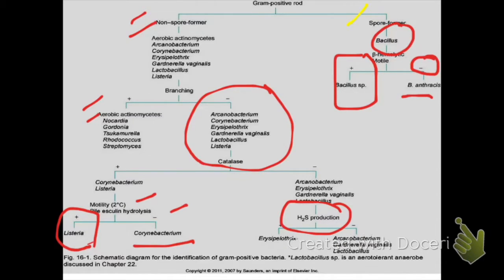The rest are considered H2S negative. So that's how we classify the organisms for the aerobic gram-positive bacilli. If you want a clearer version of this, go to your book, Mahon, figure 16-1.